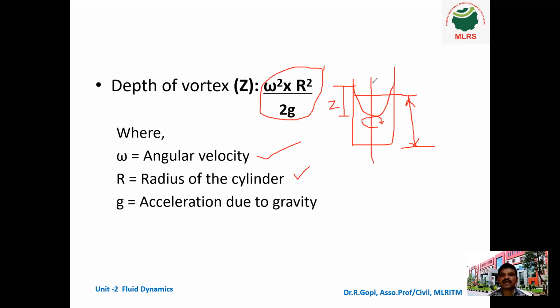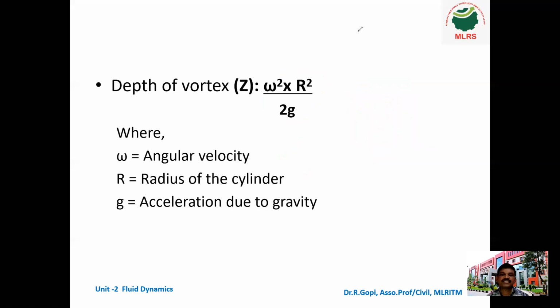Based on the axis of rotation, the cylinder radius is your r, omega is the angular velocity, and g is acceleration due to gravity. Using this equation we can easily find Z, the depth of vortex.